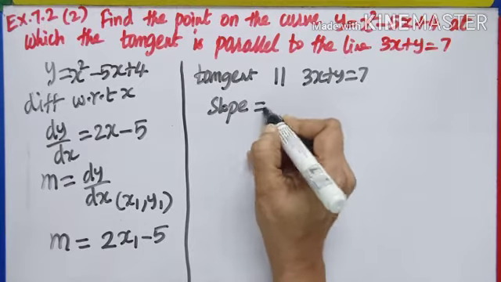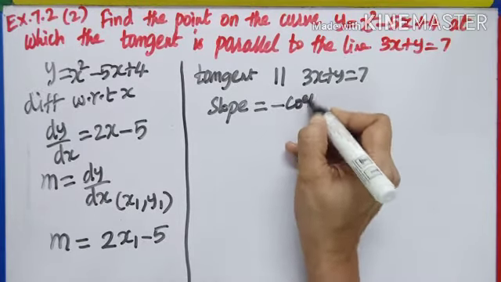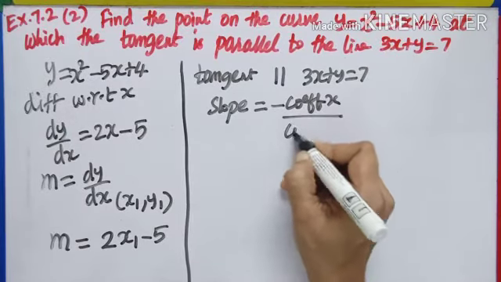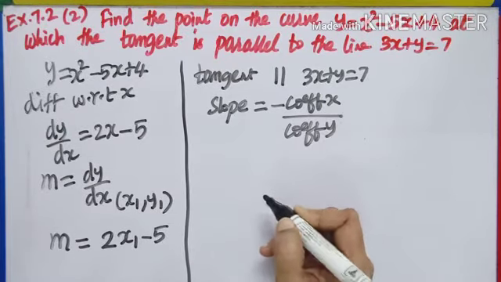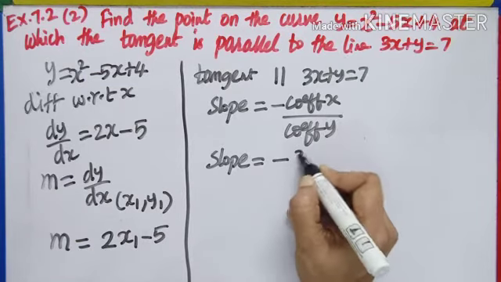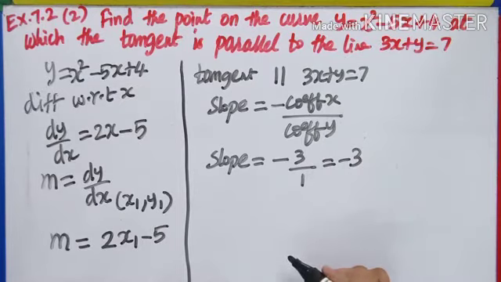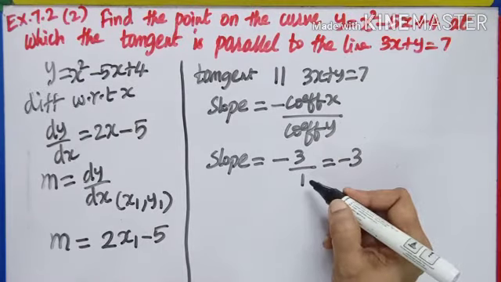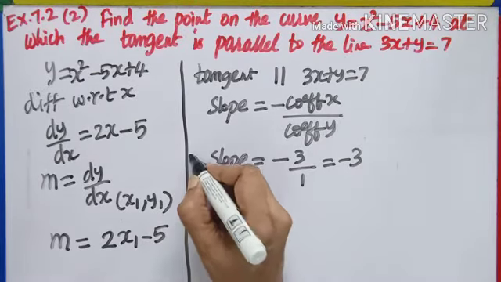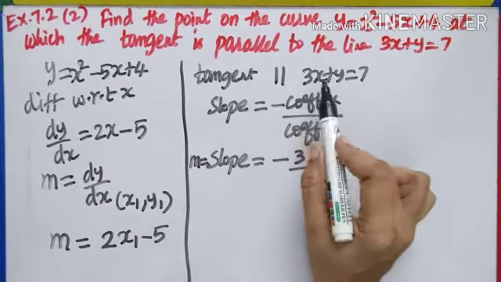Parallel lines have the same slope. What is the slope formula? Minus coefficient of x by coefficient of y. So I get slope equals minus 3 by 1, that is minus 3.